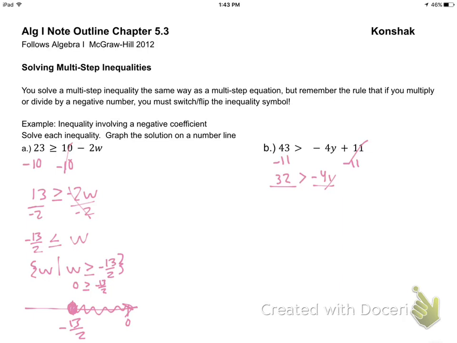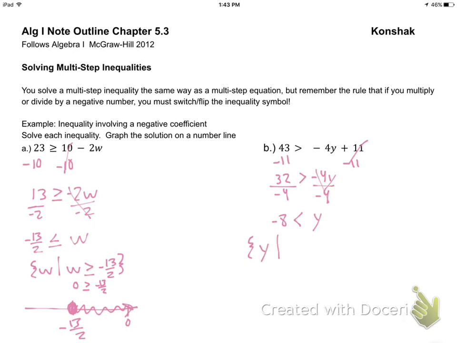So divide both sides by negative 4. Now I will switch the sign. What's 32 divided by negative 4? It's negative 8. Which way is the sign going? Opposite side. Flip it. Set notation. What variable now? y.